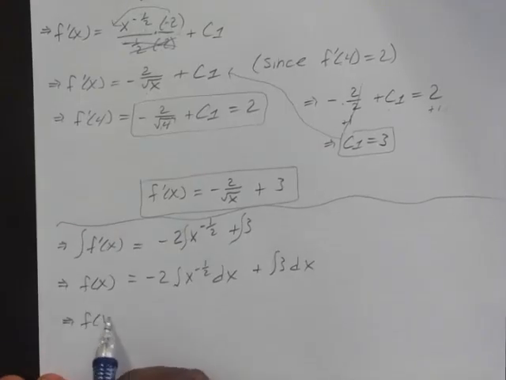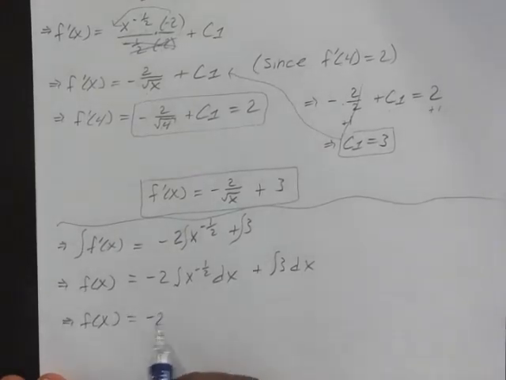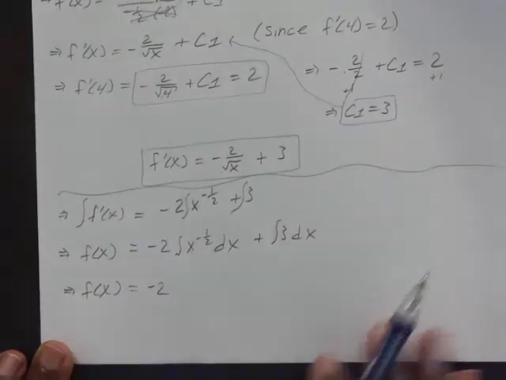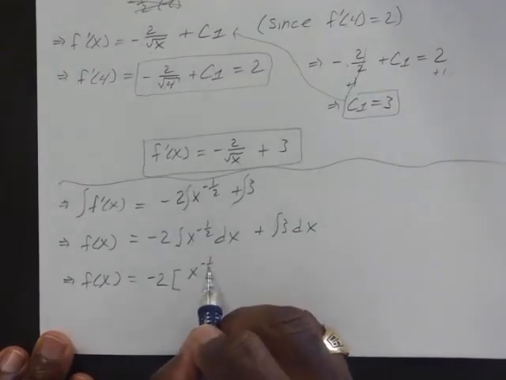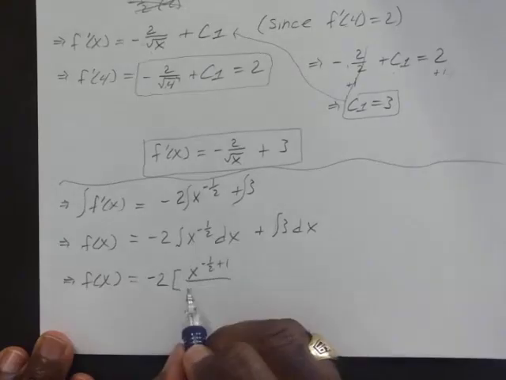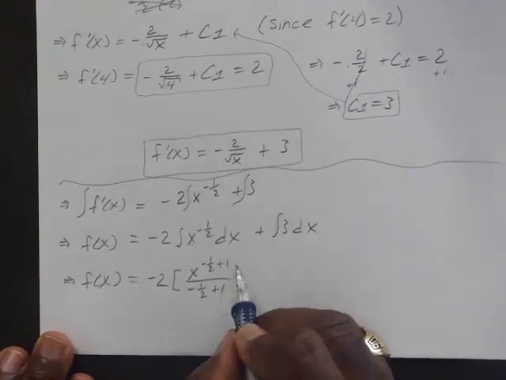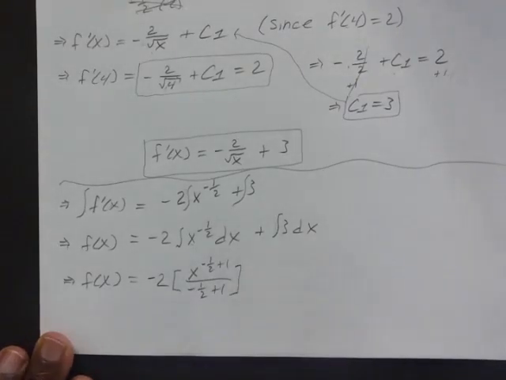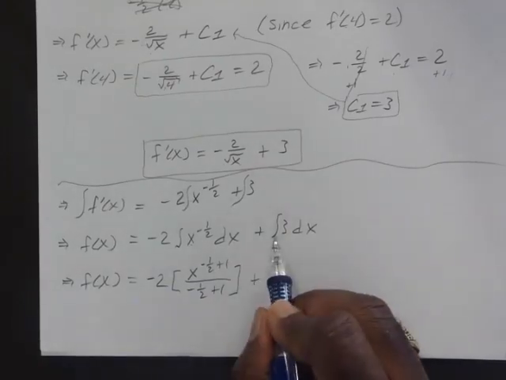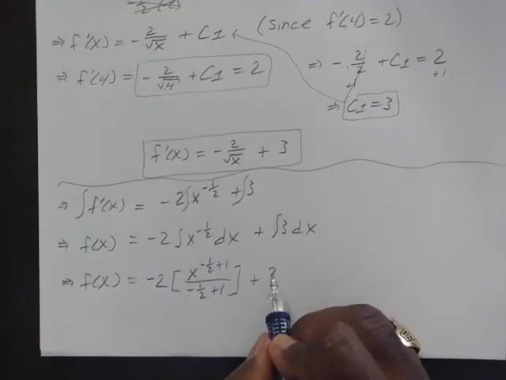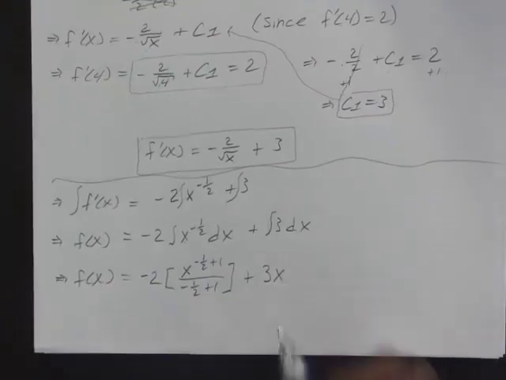Okay, so we know that f of x is equal to -2 times the antiderivative of x to the -1/2 power. That's x to the -1/2 plus 1 divided by -1/2 plus 1, plus the antiderivative of a constant, which is just that constant times the independent variable.